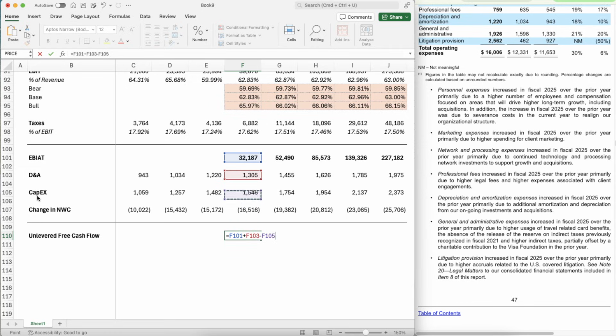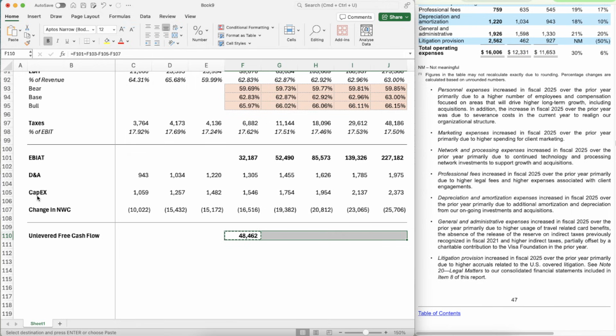We then subtract our capex, and we subtract the change in net working capital. Because most of these are negative, they're going to be positive. So the free cash flow generation is huge.